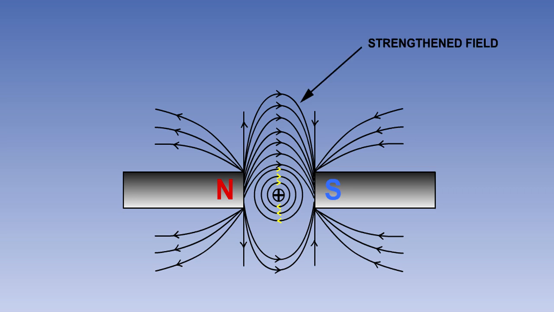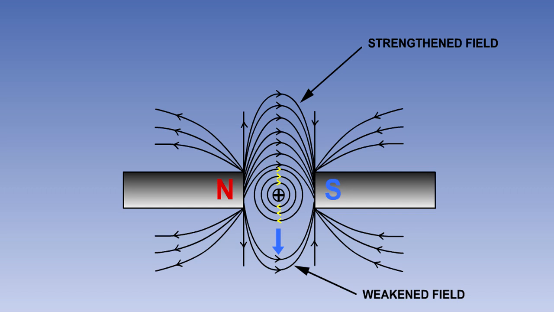In the area where the fields are running in the same direction, there will be a strengthened magnetic field. And in the area where the fields oppose each other, the field strength will be reduced. This will produce a force trying to move the conductor in the direction of the weakened field.